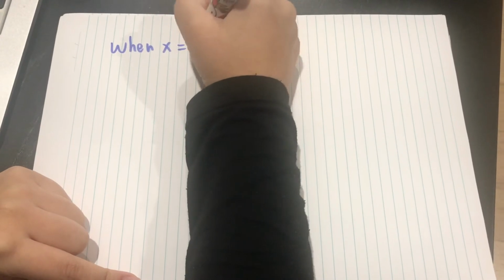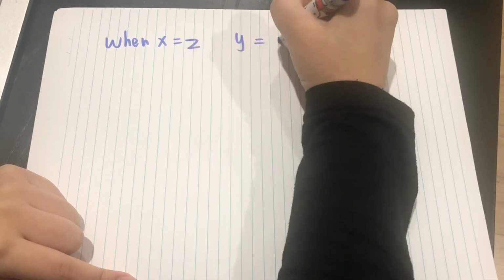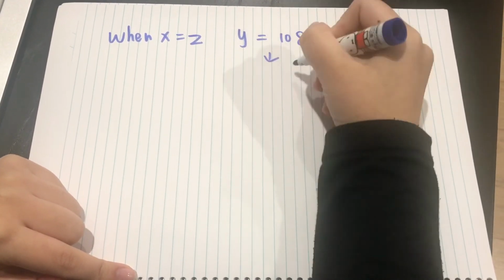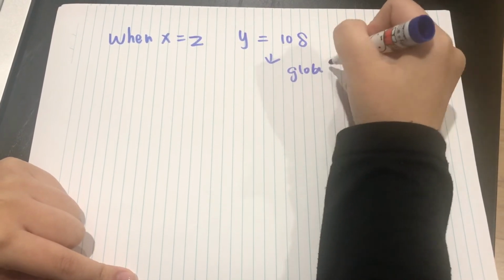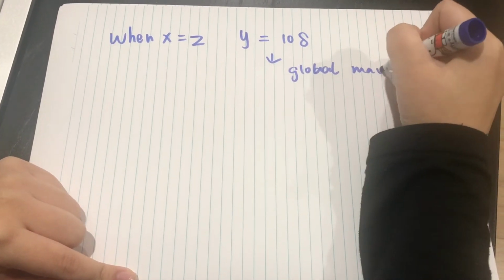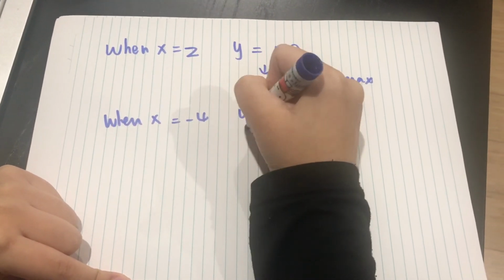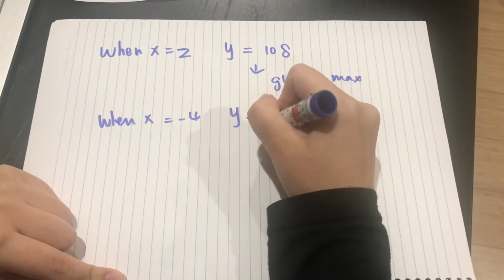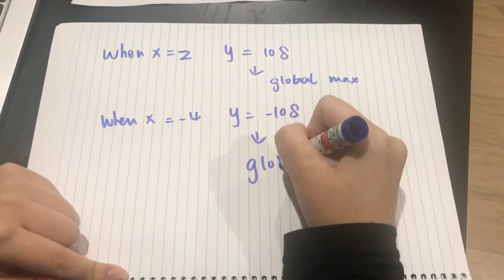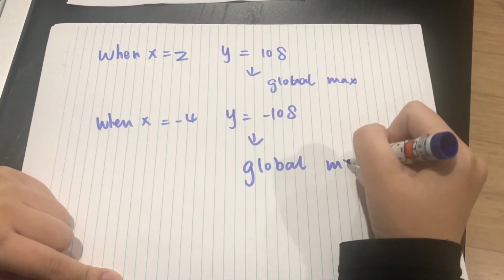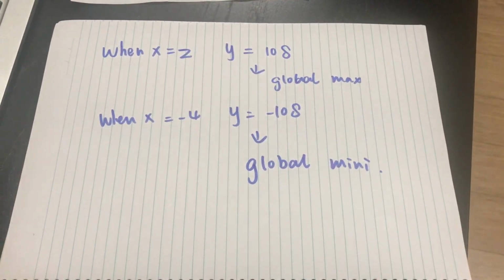From those results, we can know 108 is global maximum and minus 108 is global minimum. So when x equals 2, y equals 108 is global maximum. When x equals minus 4, y equals minus 108 is global minimum.